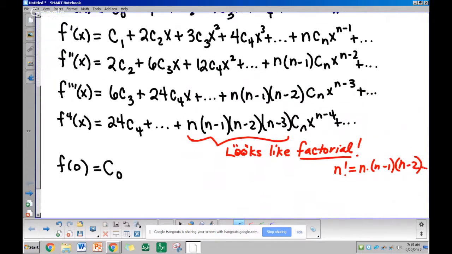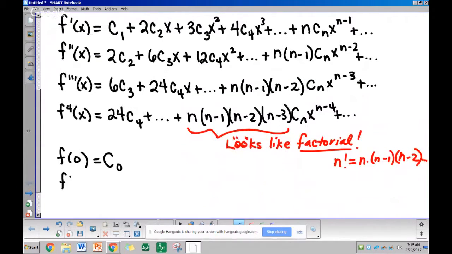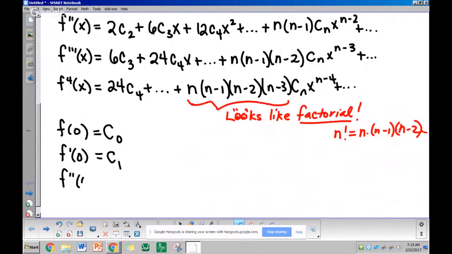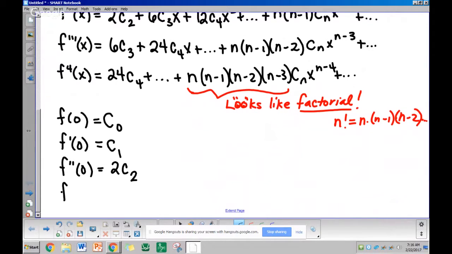And then similarly with f prime of x, if I go f prime of 0, I know that's going to equal c sub 1, because all the x terms will go away except for c sub 1. And then f double prime of 0, everything will go away except for 2c sub 2. And then f triple prime of 0 will equal 6c sub 3.